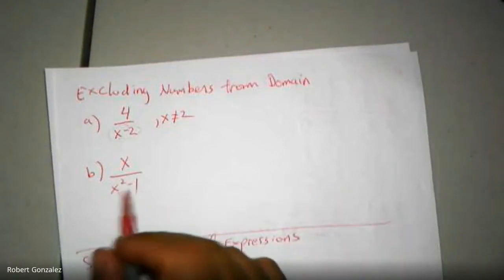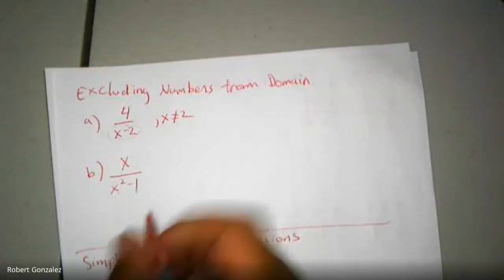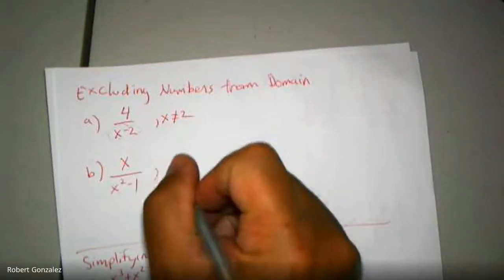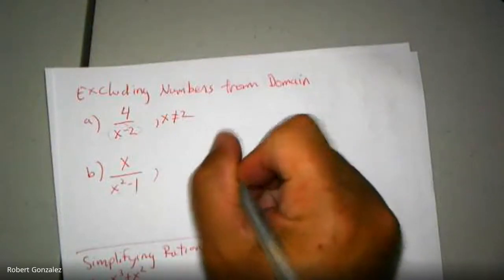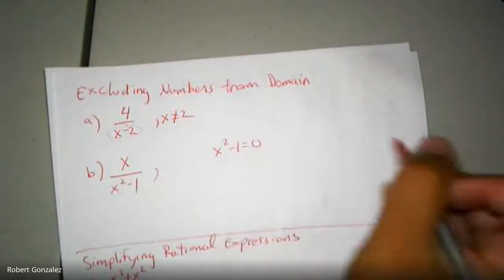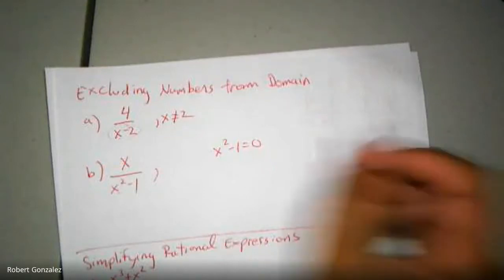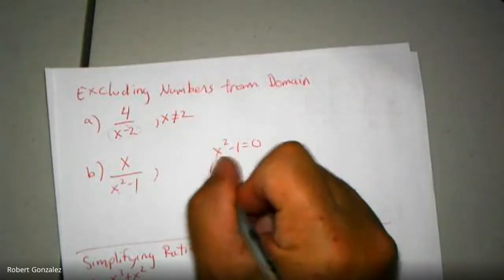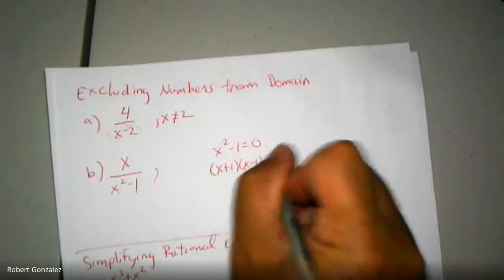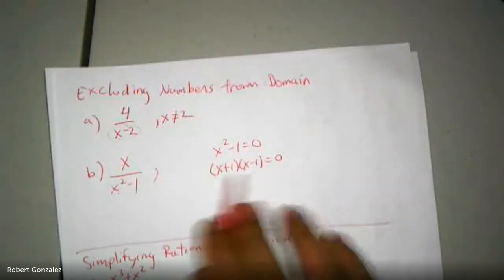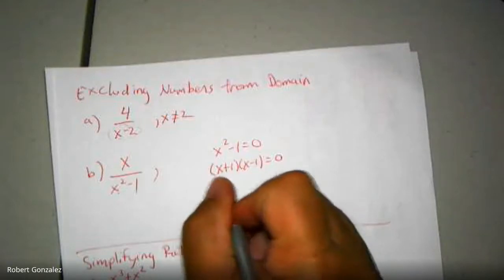Over here, we have a denominator of x squared minus 1. So in order to find out what values are not allowed, I have to make x squared minus 1 equal to 0 and solve. X squared minus 1 can be factored: x plus 1, x minus 1. And when I solve this, I do the zero product property.